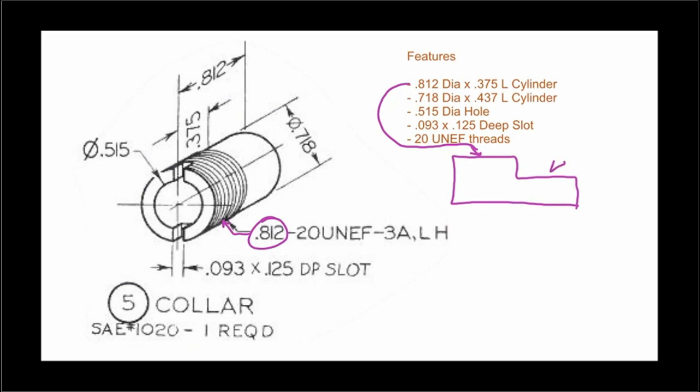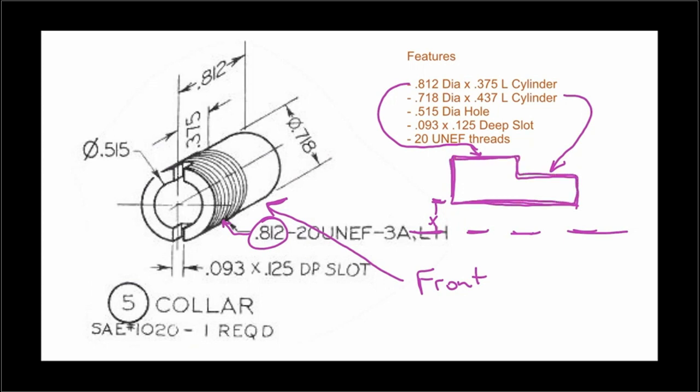This portion of the sketch will represent the .718 diameter cylinder. And we basically will use a center line here in order to create this .515 diameter hole. We will identify this as our front view, which will allow us to create this sketch on the XY plane.